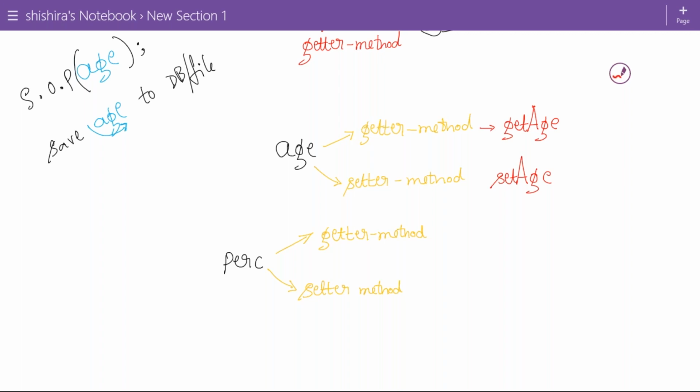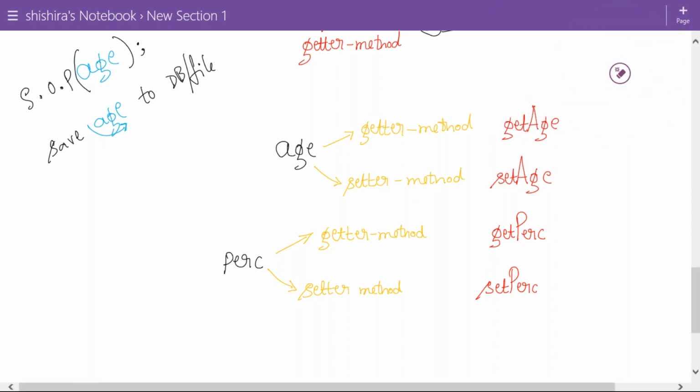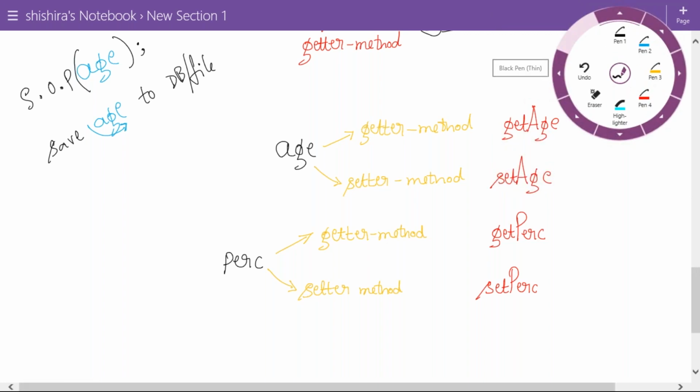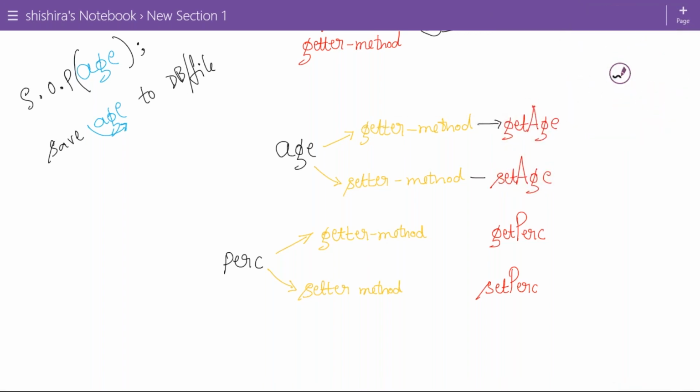Likewise, here I'm going to have methods like get percentage, and another method called set percentage. Are you clear? Good. So each data member must have a setter method as well as a getter method.